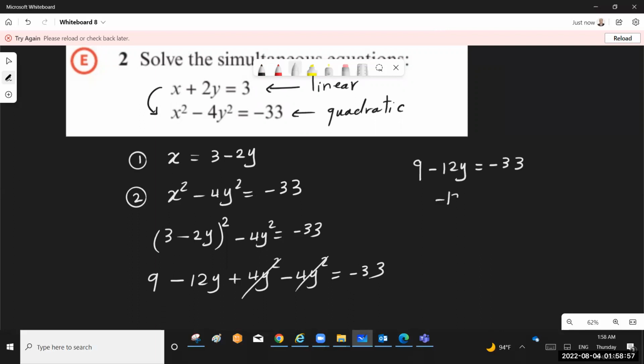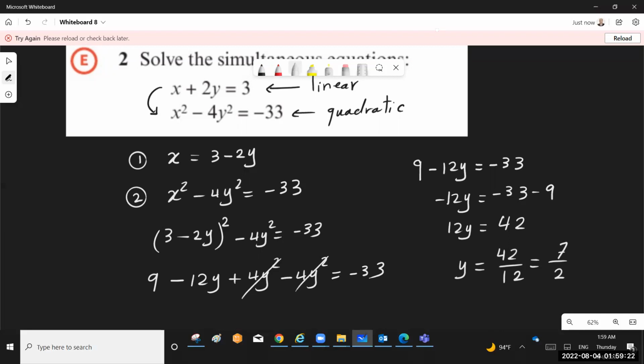So -12y is equal to -33 minus 9. So 12y is equal to, just multiply by -1 and add, 33 plus 9 is 42. So y is 42 over 12, which divided by 6 is 7 over 2. So y equals 3.5.